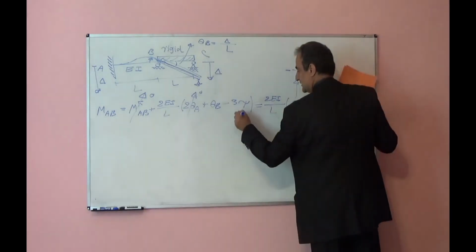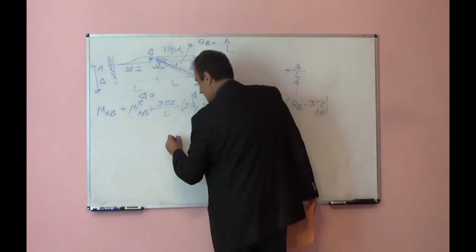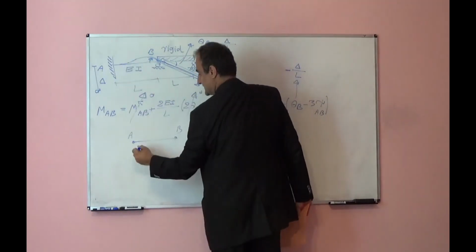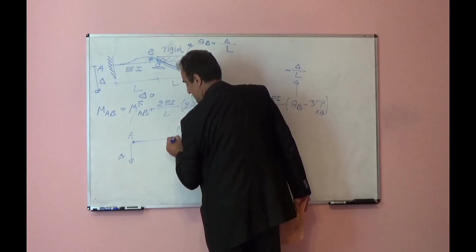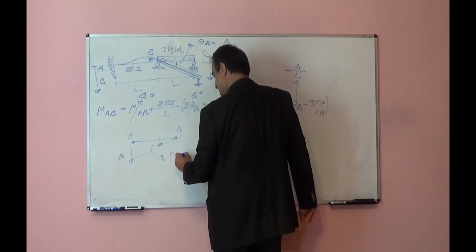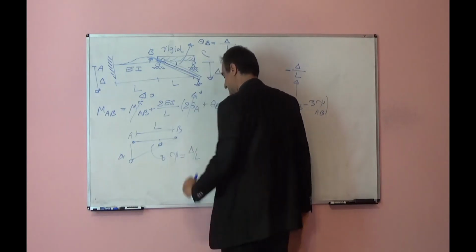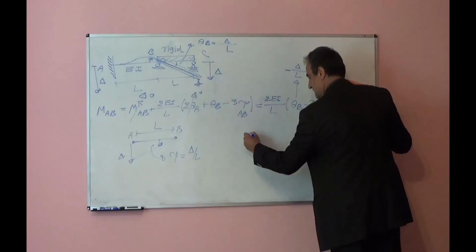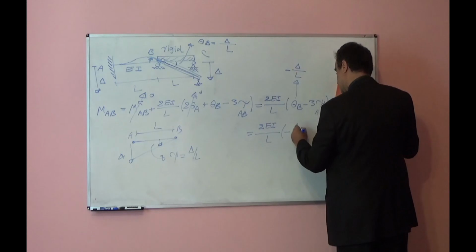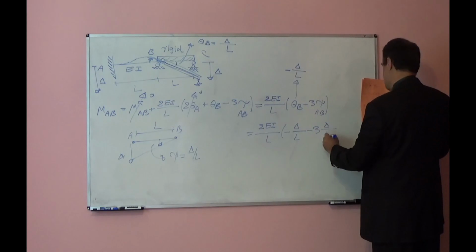Psi here, it is psi AB. How about psi AB? Point A initially, then we have settlement at support A delta. This psi is counterclockwise, so we will plug positive delta over L. So it will be equal to 2EI over L times (minus delta over L minus 3 times delta over L).